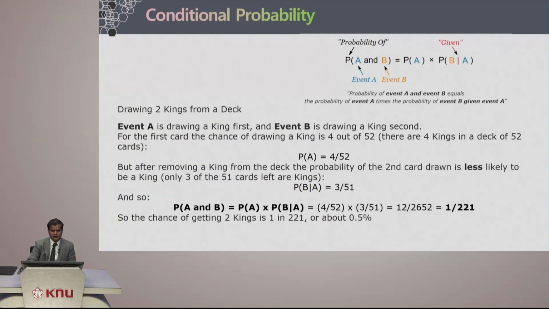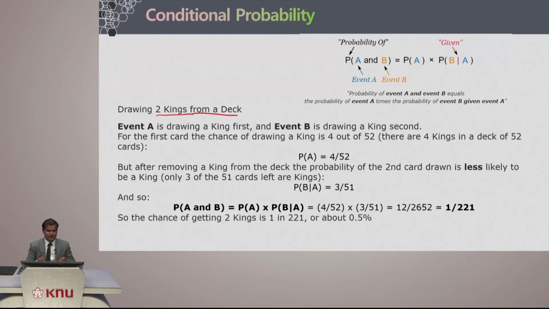With this thought, let's move on to a simple example of drawing two kings from a deck. You have playing cards and you want to draw two kings. Event A is drawing a king in the first chance, and event B is drawing a king in your second chance.